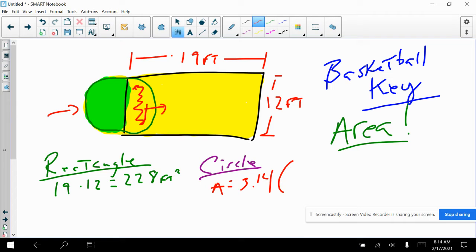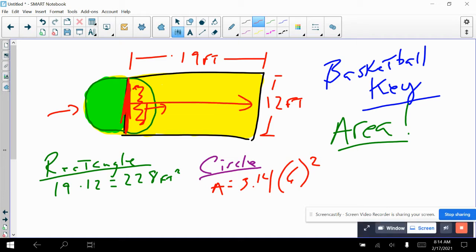Somebody look it up, please. Bucky. Okay, so it's radius squared. What's the radius along here? 6. It's not 12. 12 would be the diameter. Where do I get that information from? Opposite sides of a rectangle are equal. That's elementary school.